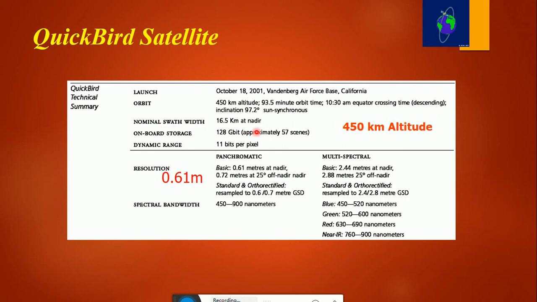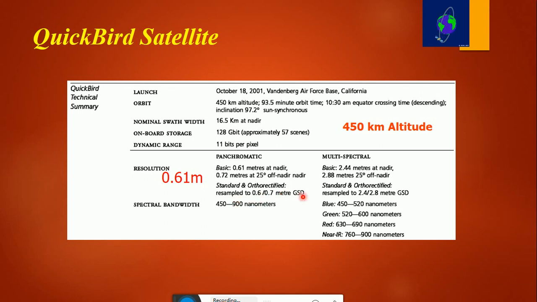GeoEye-1 satellite camera modes: simultaneously panchromatic and multispectral, pan-sharpened, panchromatic only, multispectral only. Resolution 0.41 meter, which means the picture quality is going to be even better. 0.41 meter panchromatic nominal at Nadir, 1.65 meter multispectral nominal at Nadir. Swath width and representative area.